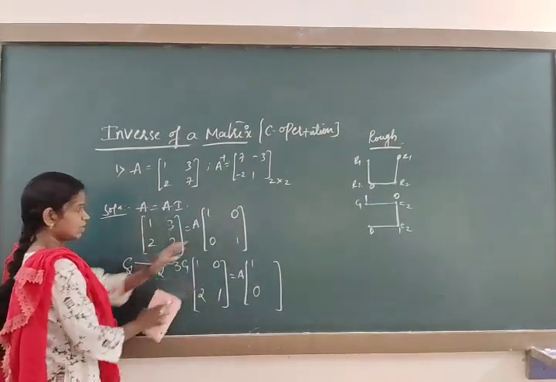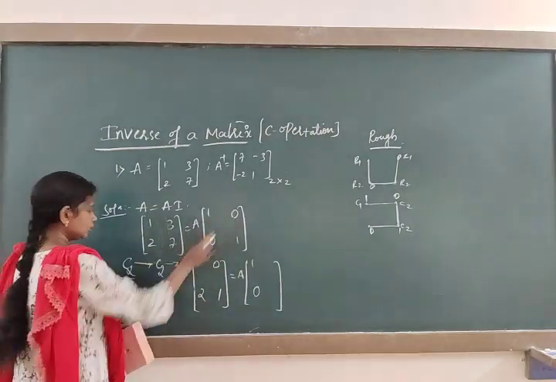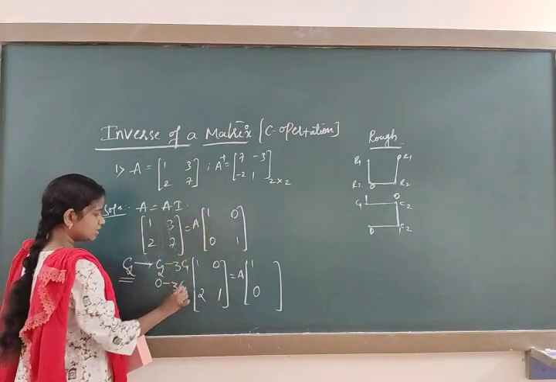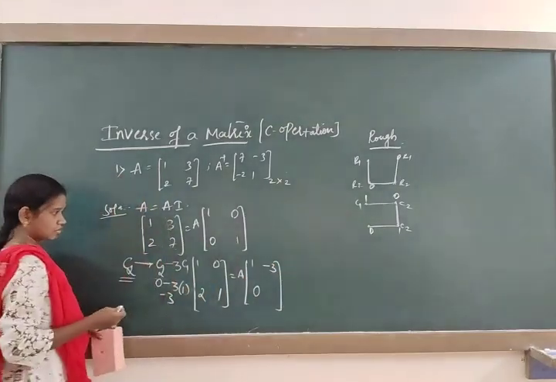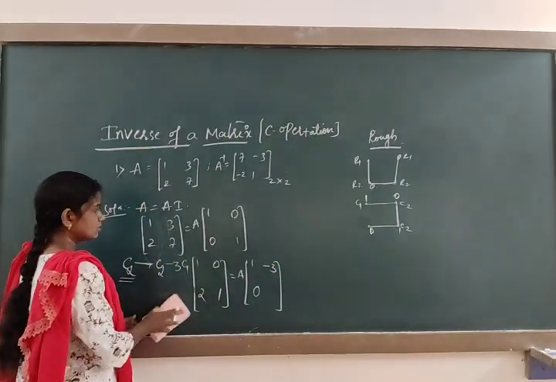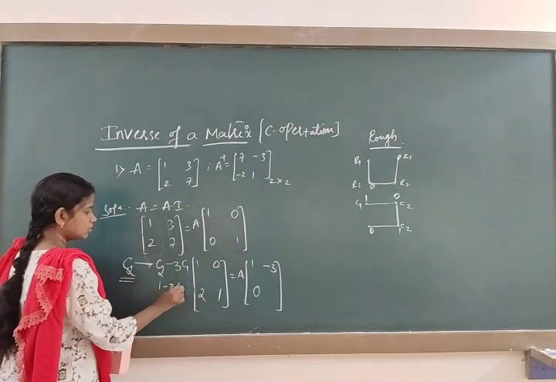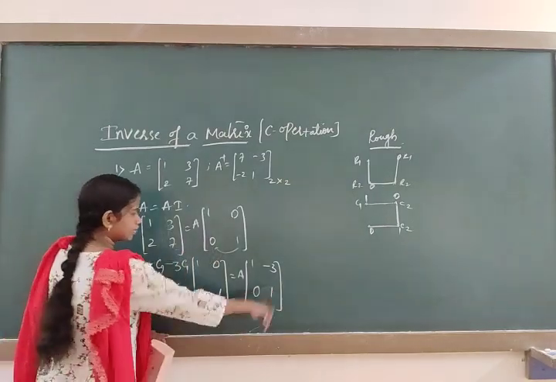Now again, which are the C2 elements of the identity? These two are the C2 elements. Substituting in this transformation, C2 value is 0, 0 minus 3 times C1 value beside this, which is 1. So the answer is minus 3. Now take this one: C2 is 1, 1 minus 3 into, beside this is 0. So the answer is 1.